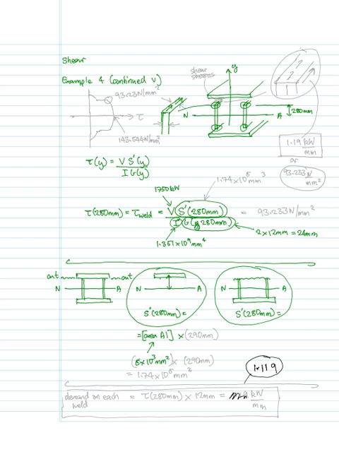So times 290 millimeters being the distance of the centroid, so put those bits in brackets, 290 millimeters, and that is going to work out to be 1.74 times 10 to the 6 millimeters cubed.